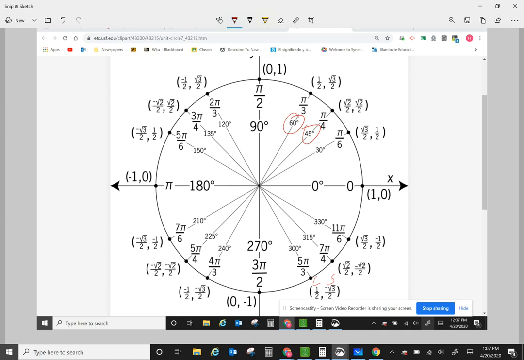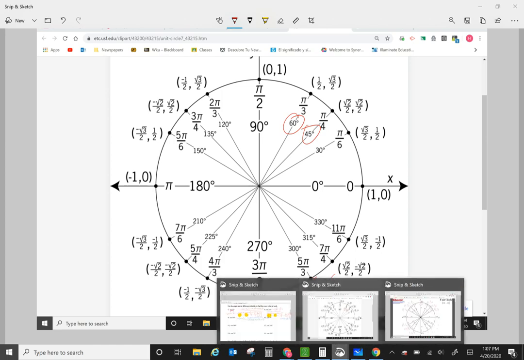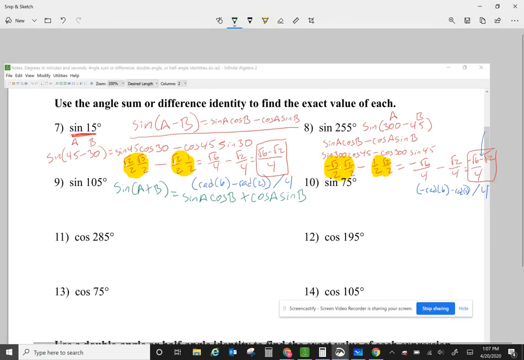If you're thinking 45 plus 60, it doesn't matter. So sine of 60 plus 45 is equal to sine of 60 cosine of 45 plus cosine of 60 sine of 45.